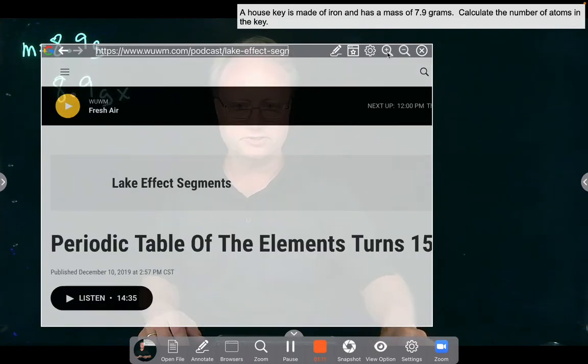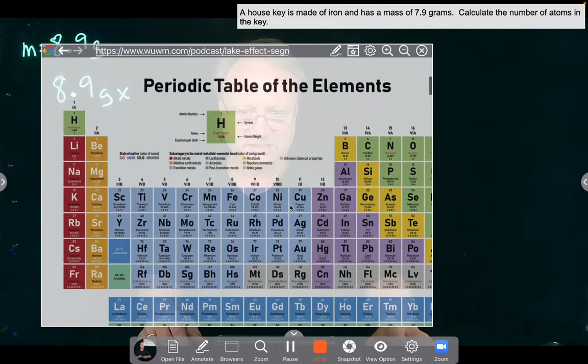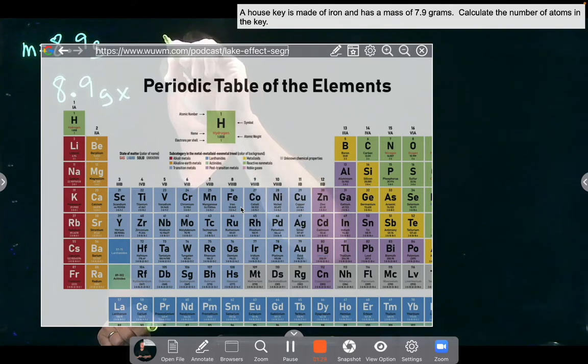So I'm going to zoom in a little bit and let's see. We've got iron right there, Fe, and the number we need from there is the atomic mass. So I'm going to note this, atomic mass of iron 55.845.